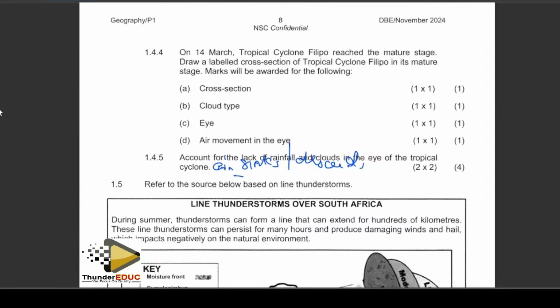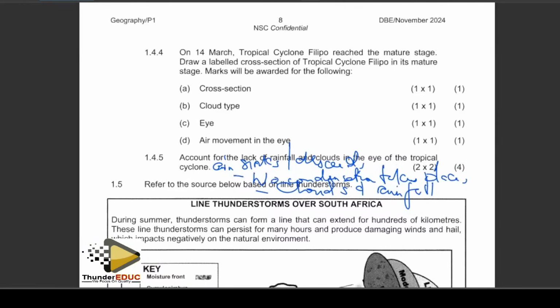And how does that impact? No condensation takes place. When there's no condensation, it means there are no clouds. And apparently, no rainfall. The rainfall occurs on the wall of the system surrounding the eye, but right at the center of the system, it will be having clear skies and stable conditions.